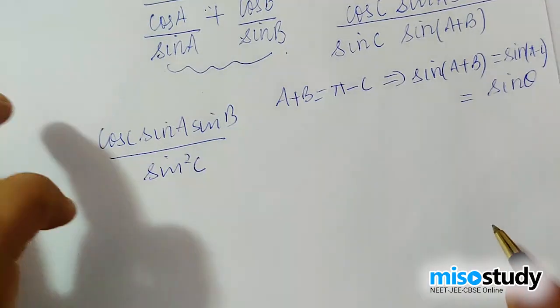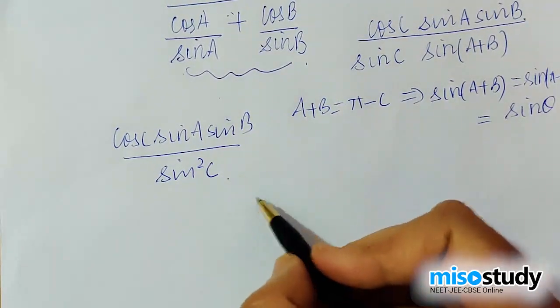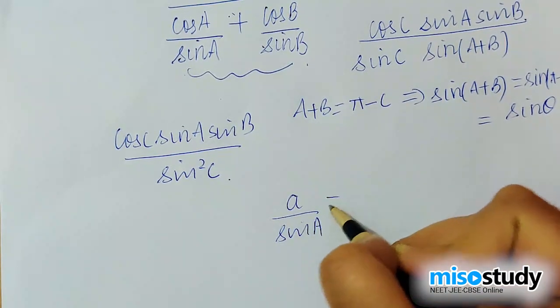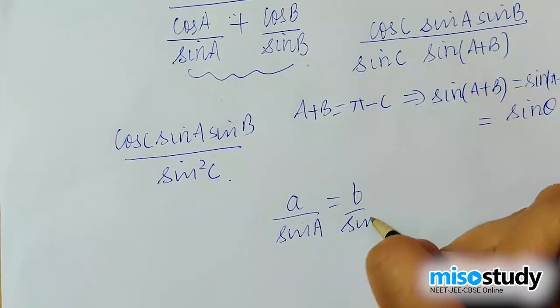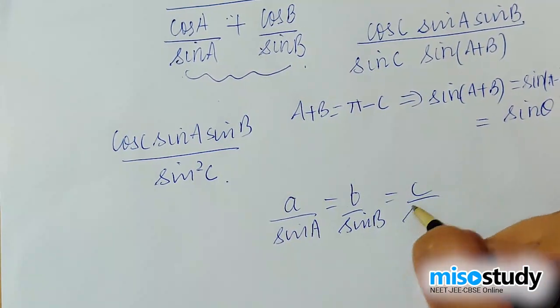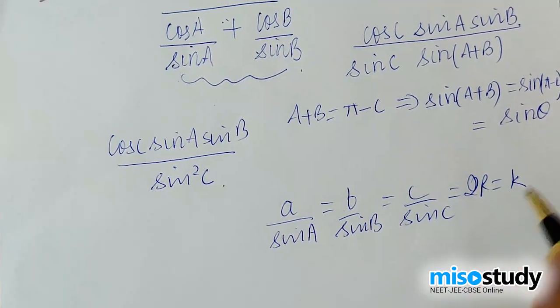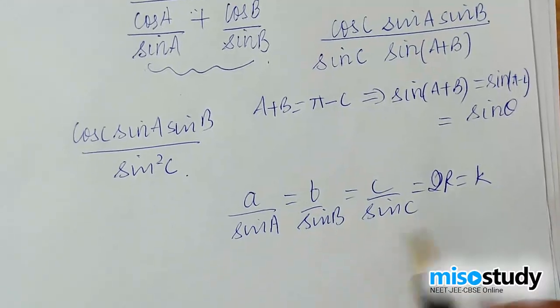Now using the sine and cosine formula over here, I know a upon sin A is equal to b upon sin B is equal to c upon sin C is equal to 2R, and let us say 2R is equal to k to make things a bit simpler.